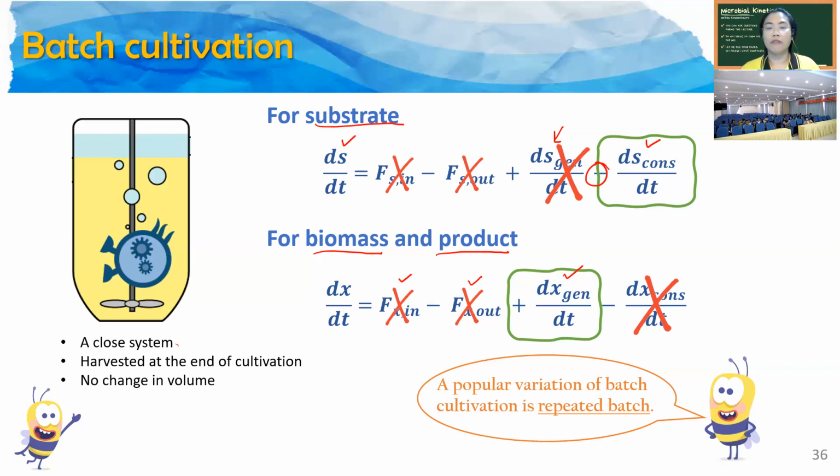So that means that you have both old cells and new cells at the same time. So the cells are not always fresh. So when we are doing something with repeated batch, we have to monitor each time that we do the batch and see if the performance of the fermentation decreases. Okay, so it can't go on forever. That's what I'm saying.